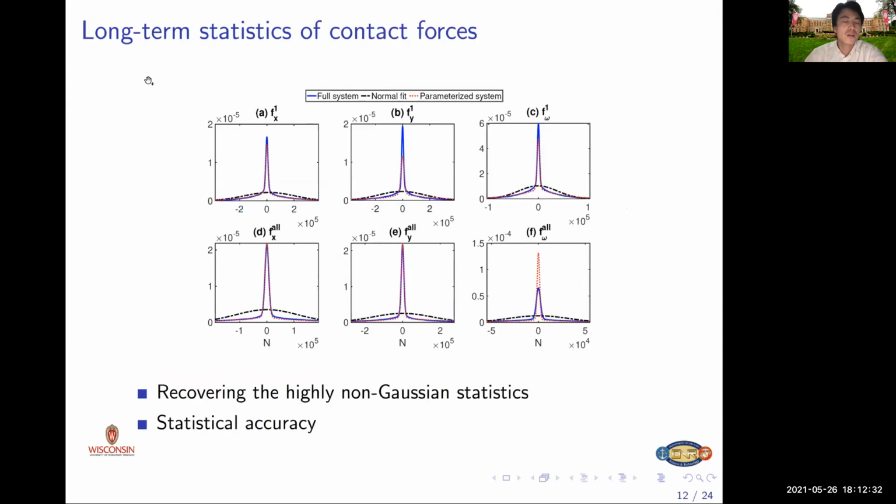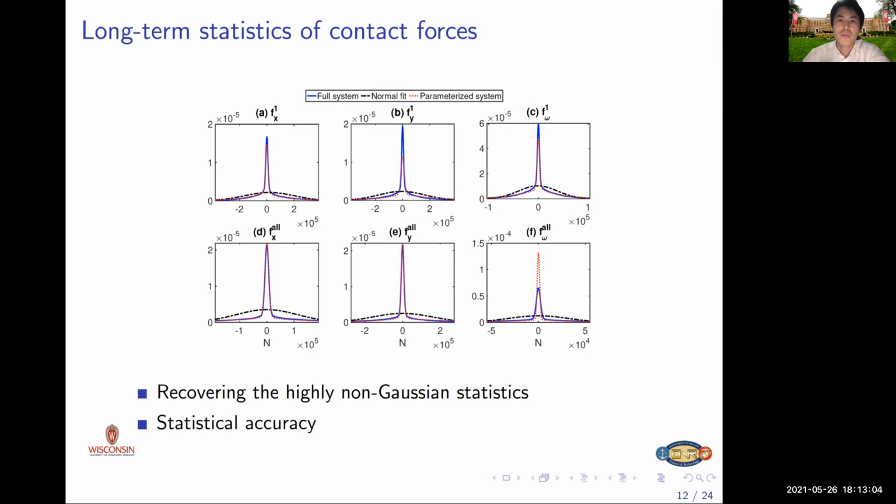To look into longer-term statistics, let's consider the contact forces. With the same 18 floe setting, for the largest floe, let me first say that the contact forces we are collecting are the contact forces on the largest floes from the small floes or the superfloes.